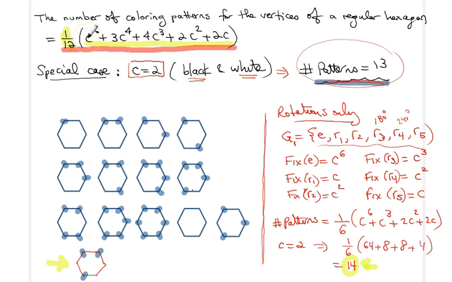Oh my god, so not only along the way are we learning the number of coloring patterns, but this also gives me a new technique, basically a method to learn under what conditions some polynomials are divisible by some integers, in this case 12.